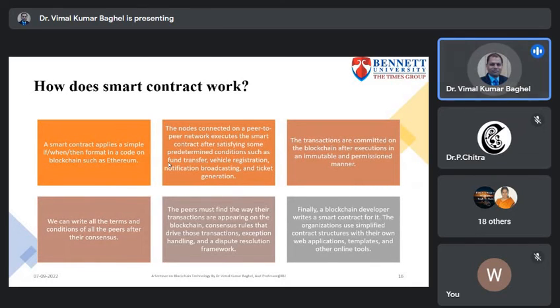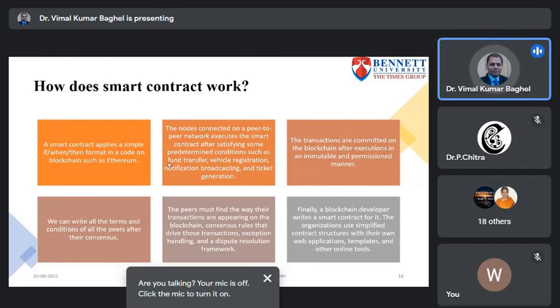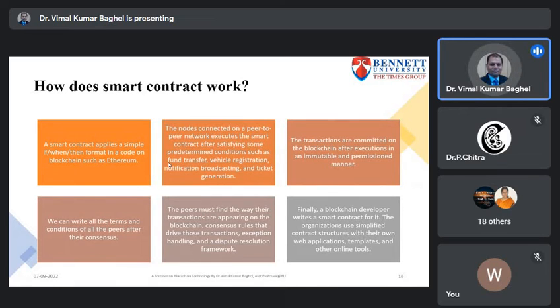Then we can write all the terms and conditions of all the peers after their consensus, and the peers must define the way their transactions appear on the blockchain, the consensus rules that drive those transactions, exception handling, and a dispute resolution framework. So these all are part of smart contracts.